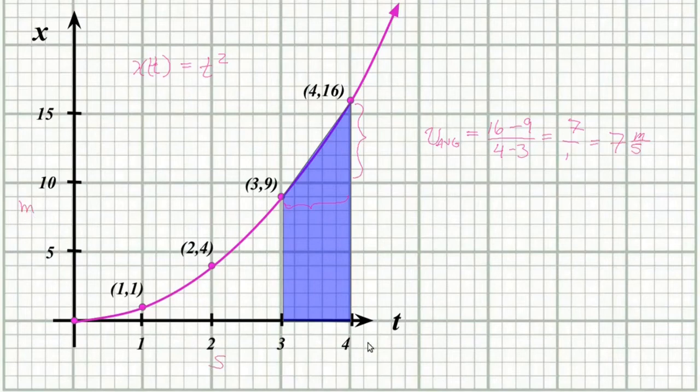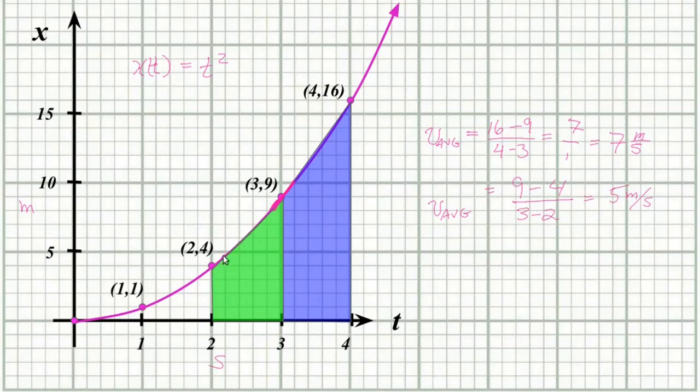So let's look at a different period of time. Suppose we look a little bit earlier. From 2 seconds to 3 seconds, what is our average velocity during that time period? Well, here I see that the average will be 9 minus 4 over 3 minus 2, so that's 5 meters per second. But what if I want to know what is my speed at 3 seconds?